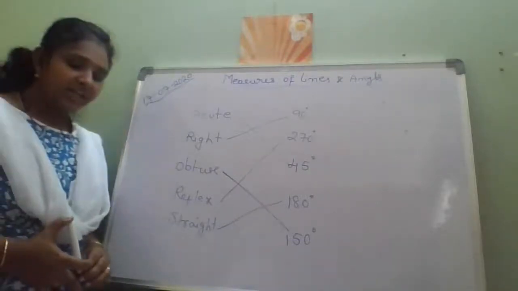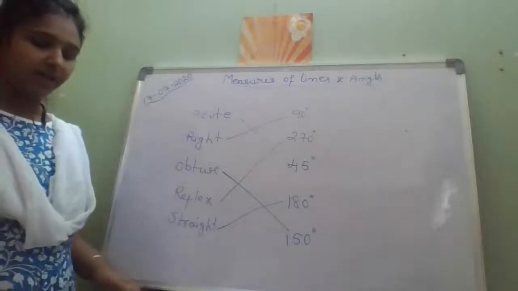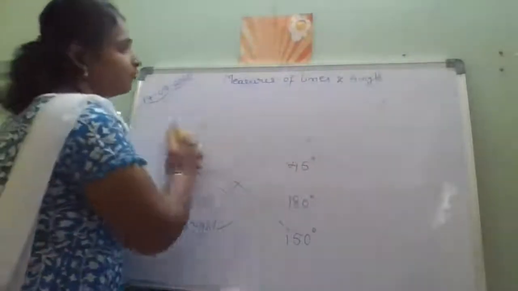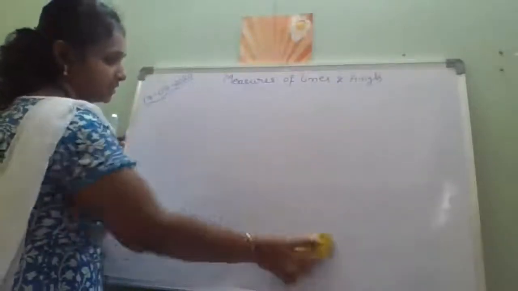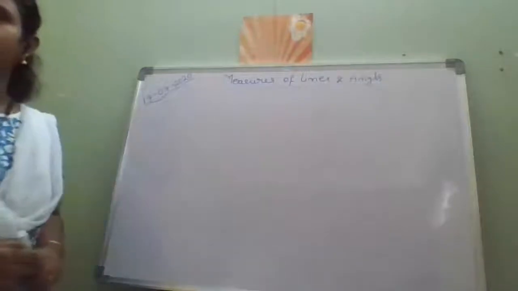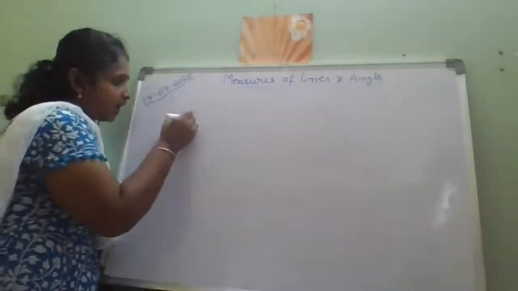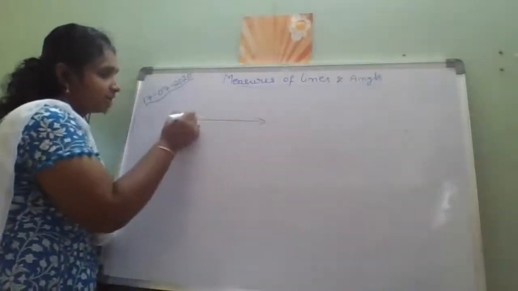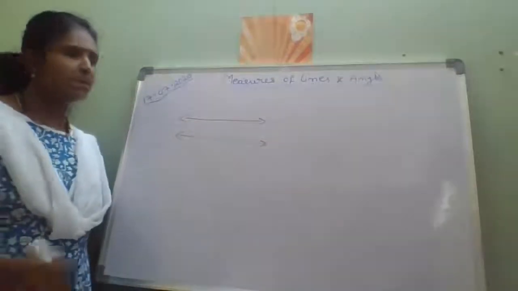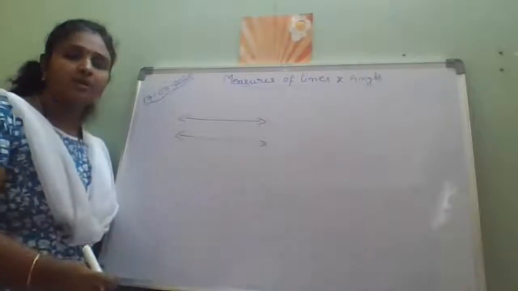Now, intersecting lines, perpendicular lines and parallel lines. What are these lines? Parallel lines means two lines are going parallelly. There is no intersection point.